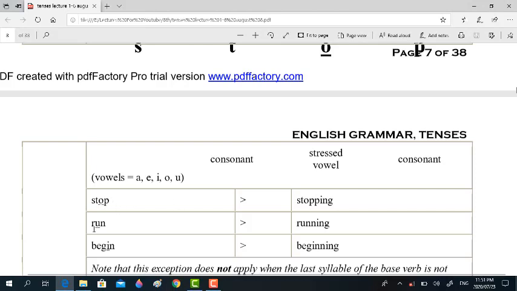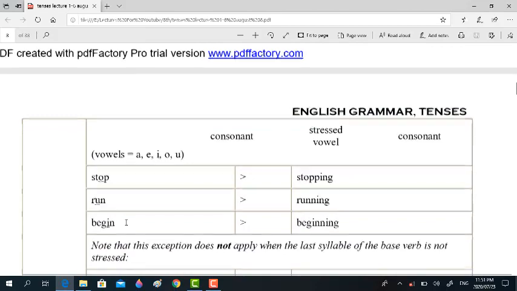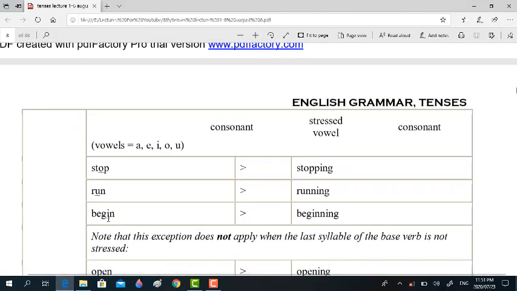Here you have a vowel in between two consonants, so you have to double the last consonant. Begin, the same is the case over here. G is a consonant, N is also a consonant, and they have I, a vowel, in between, so you ought to double the last consonant, that is N: beginning, right?